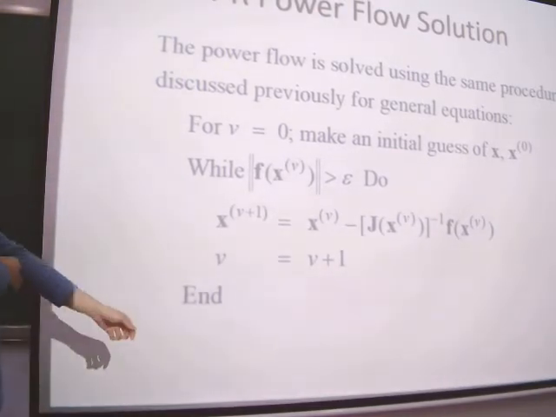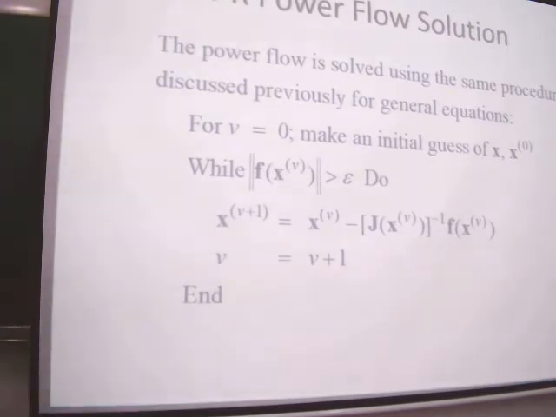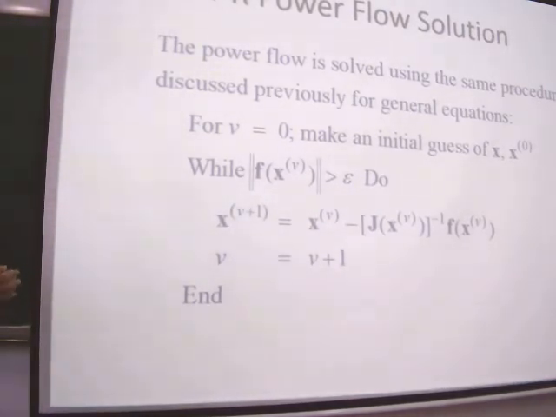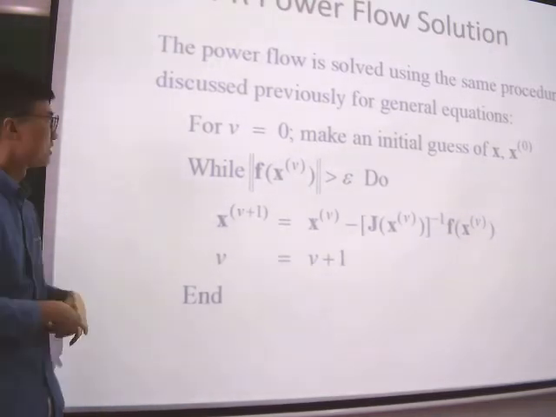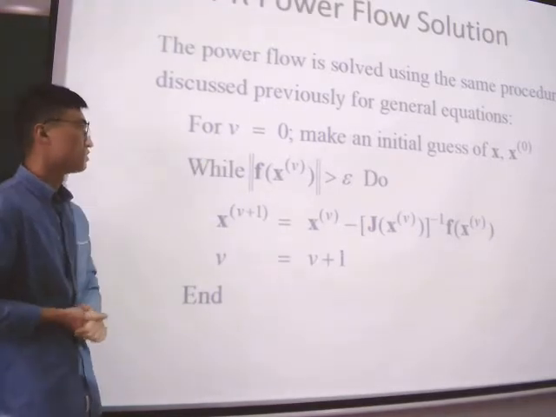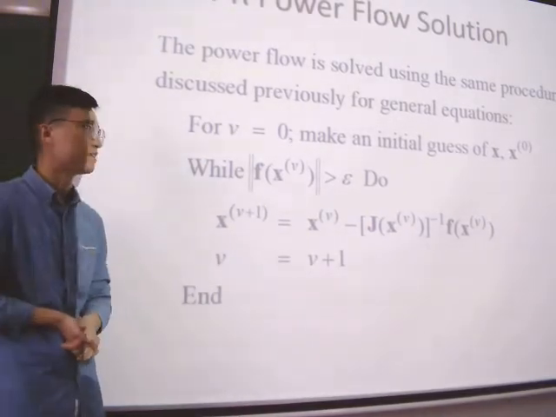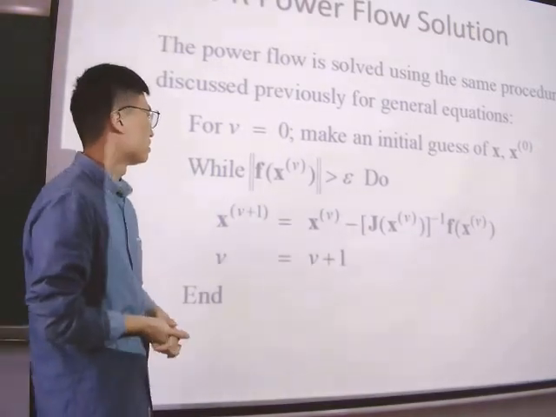So for the Newton-Raphson power flow solution, the power flow is solved using the same procedure. Here is the summary of the Newton-Raphson method. For k equal to 0, we assume an initial guess of x.